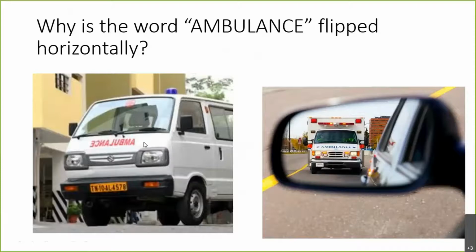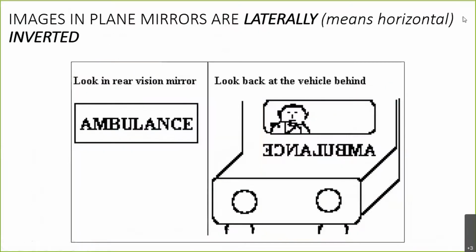So the reason why the word ambulance is written like this is because of the property that you just observed with writing the letter 9 and looking at it in the mirror. It's because the plane mirror in your rear view mirror, the one in the middle, that you might turn so you can look at your makeup, inverts images laterally.